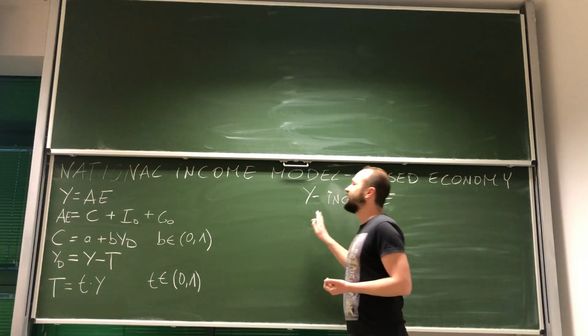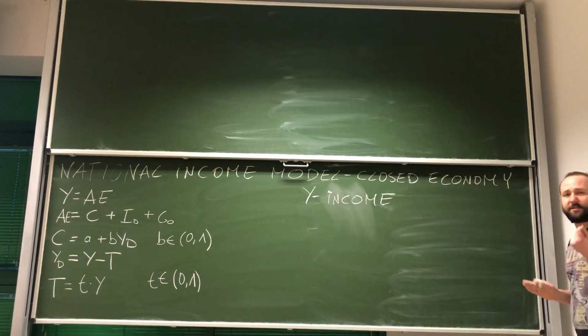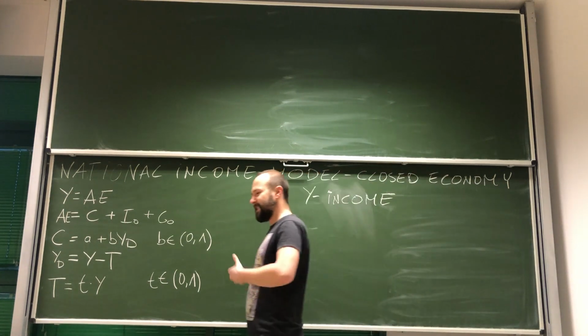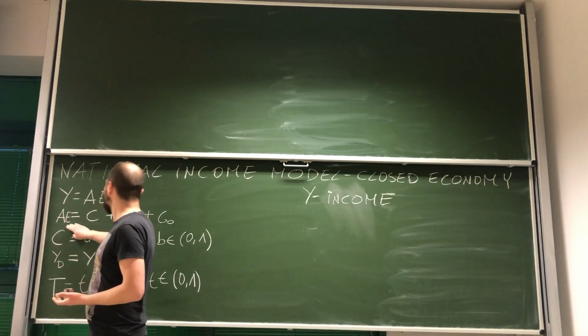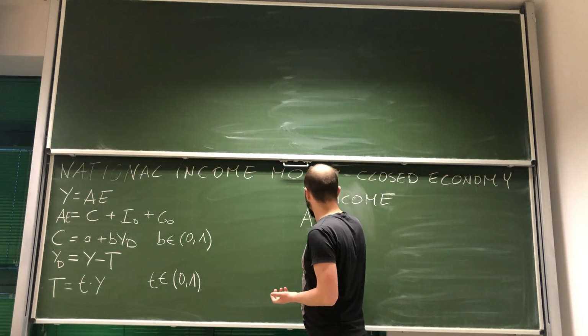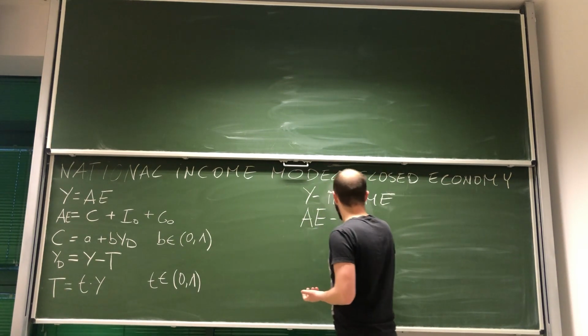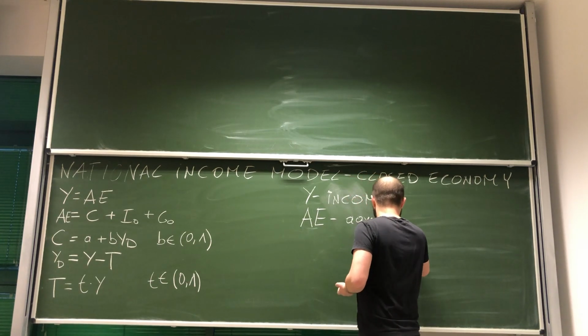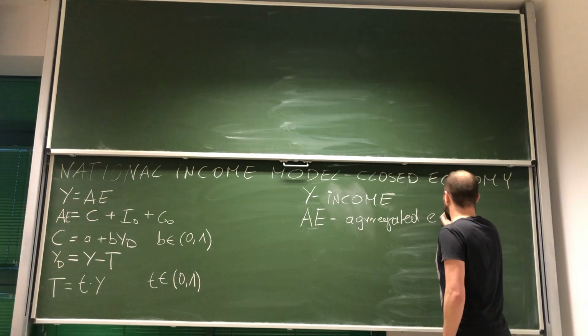So look, the second thing that we need to consider is the spending side of the economy. And this is what you see over here. We've got this category called A, which is aggregated expenditures.